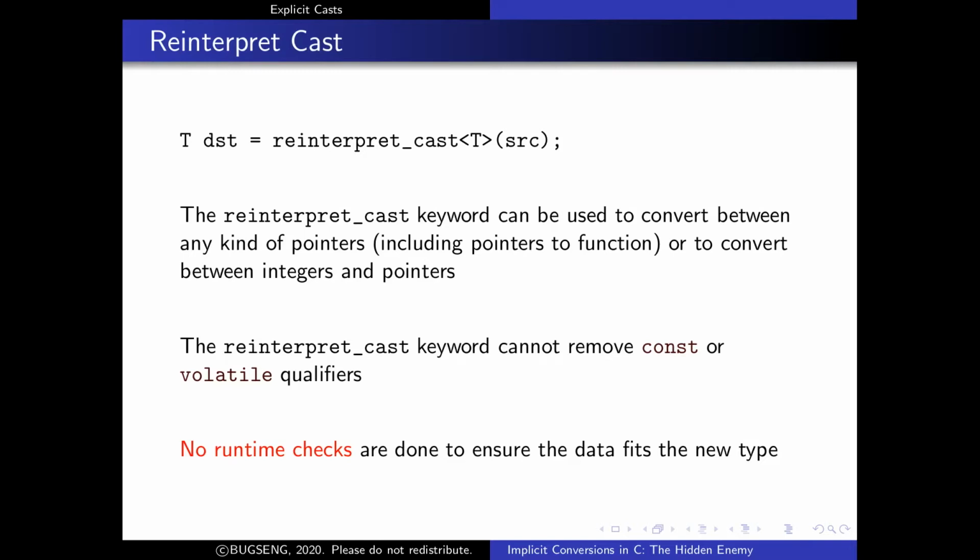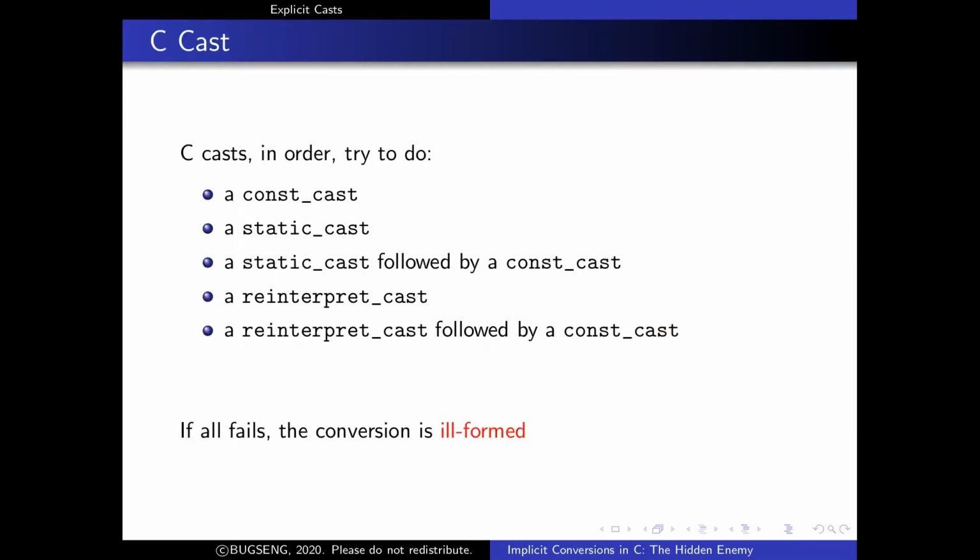In particular, you can use it to convert between any kind of pointers or to convert between integers and pointers. The reinterpret cast keyword cannot remove const or volatile qualifiers, and again, there are no runtime checks whatsoever done to ensure that the data fits in any sense the new type.